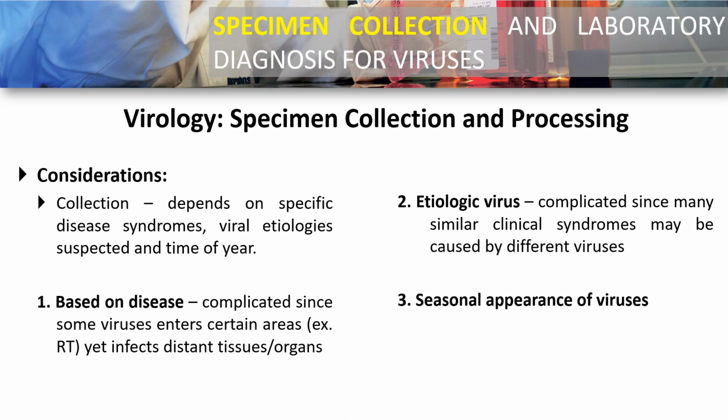So for example, during summer, you would consider it less possible that influenza is the causative agent because influenza is seasonal. Dengue also was seasonal before but now considered not seasonal anymore because we can find in Philippines, we can find dengue cases throughout the year.